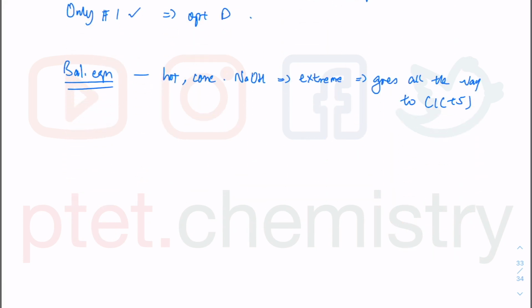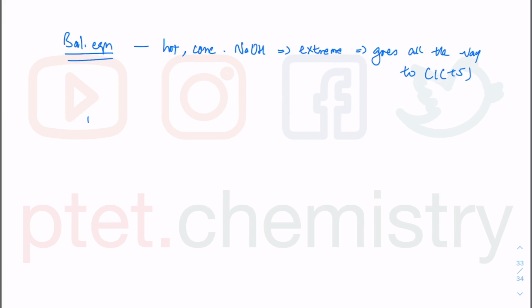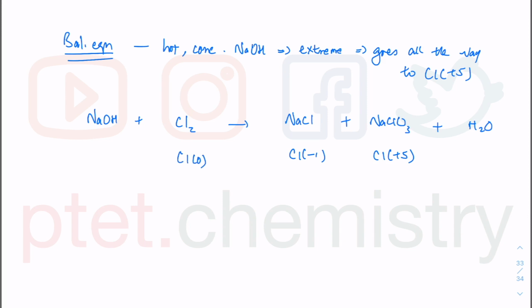Here is where I'll use changes in oxidation number to help balance this equation. NaOH plus Cl2, I still get NaCl. This is chlorine -1. I will get NaClO3. This is chlorine +5. And I'll get H2O. This is chlorine 0.